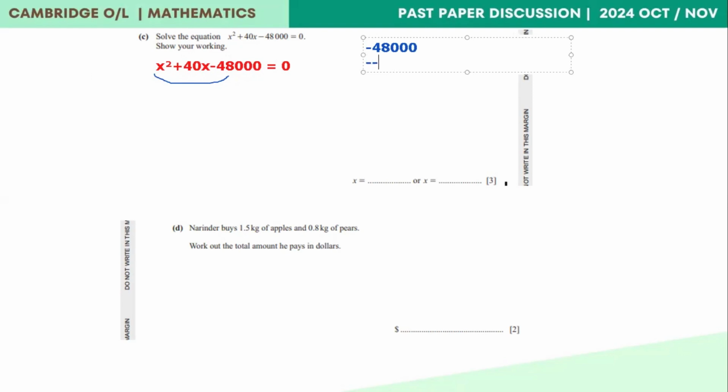One factor would be minus 48 and 1,000. Another factor would be minus 200 into plus 240.